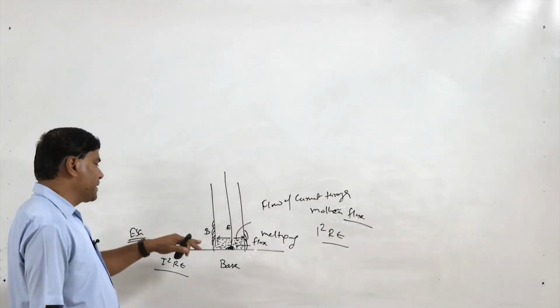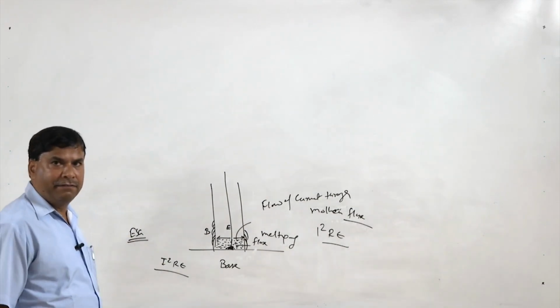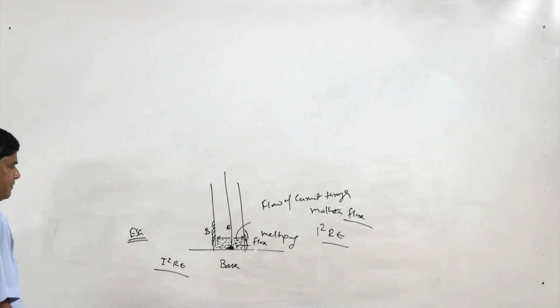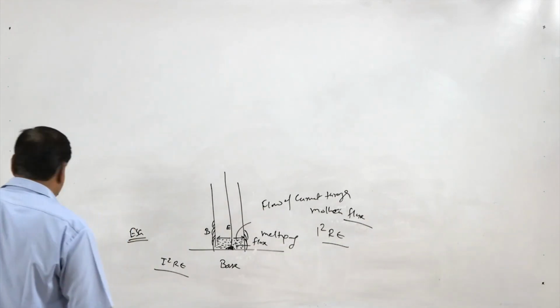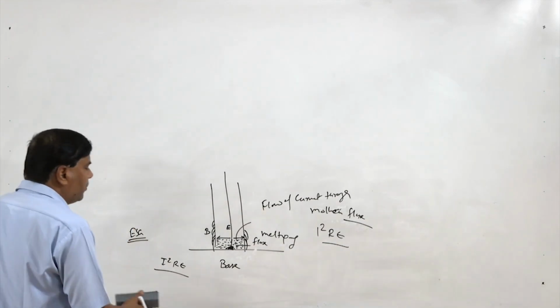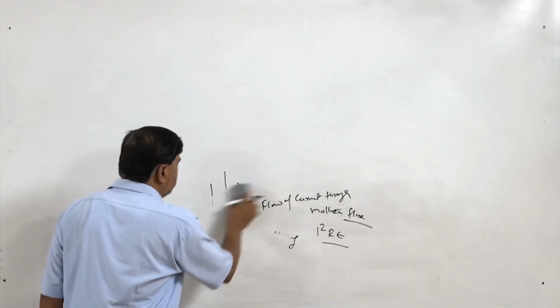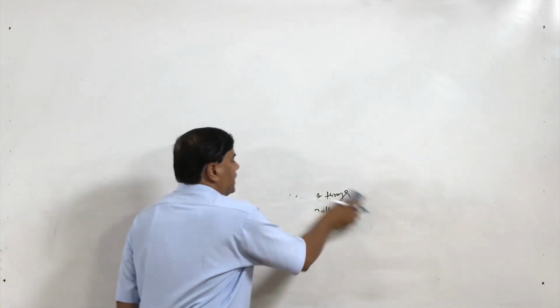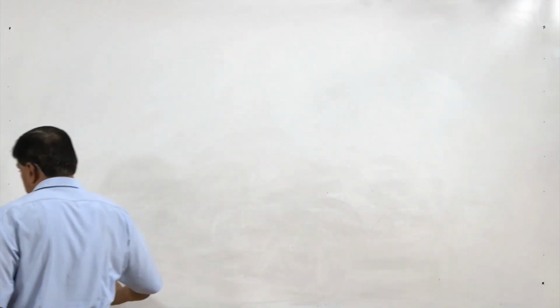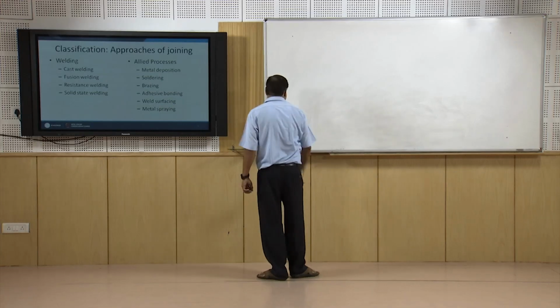But since this process starts with the arc for melting of the flux, it is difficult to put it in either category, neither resistance welding nor arc welding.